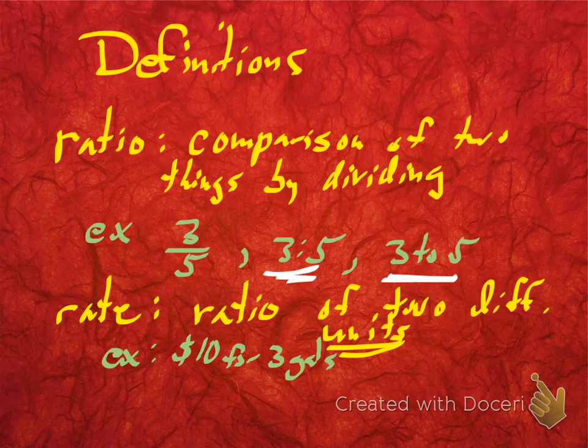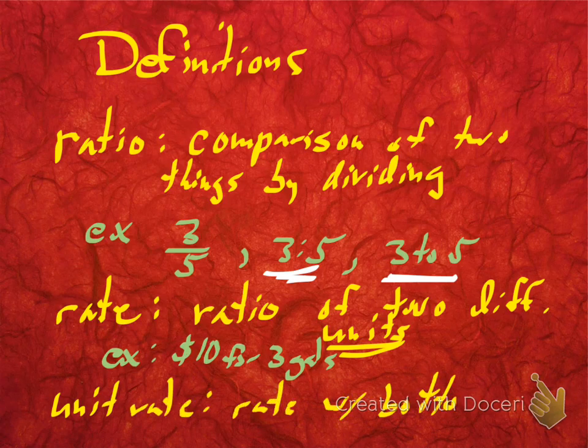And then finally, a rate is a special kind of ratio. We also have this thing called a unit rate, and a unit rate is a special kind of rate where the bottom has been reduced to 1. Unit rates are really handy for figuring out how much one of something costs. So in the example above, where it was $10 for 3 gallons of, let's say, gas. That's about what gas is running right now.